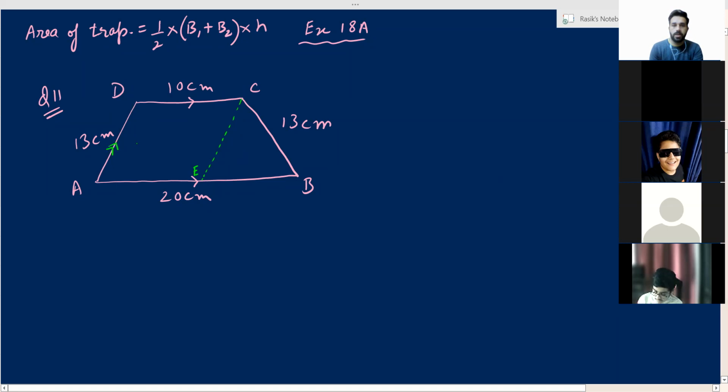It should be parallel to AD. This is a construction that we have to do. Write down. Draw CE parallel to AD. Draw CE parallel to AD.